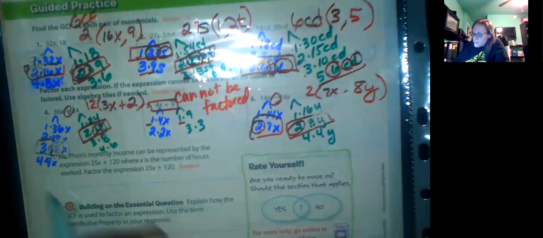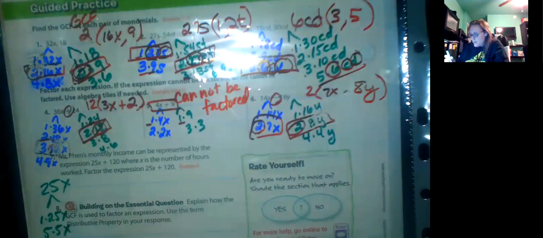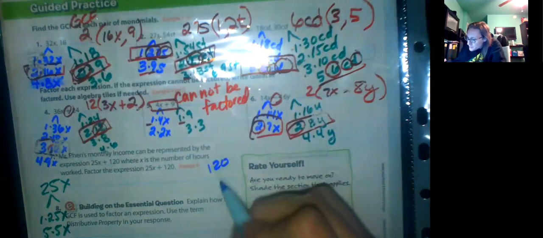Okay, so 25x. So 1 times 25 and 5 times 5x. Okay, 120.